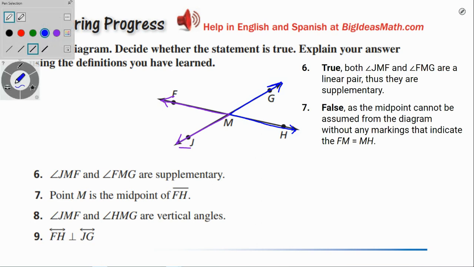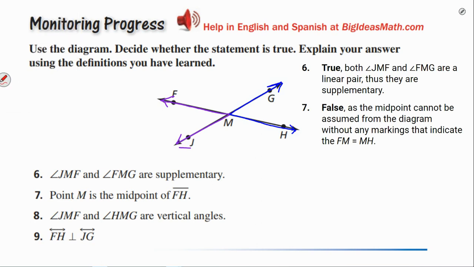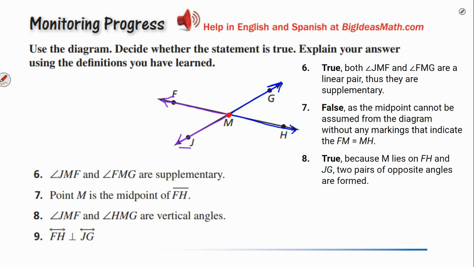So both of these end up having the same vertex right there at point M. And notice that they are on the opposite sides of two line segments being intersected there. So because they are on opposite sides, this turns out to be a true statement. So they are, in fact, opposite angles formed. And a quick note that vertical angles, so these angles right here, are in fact equal to each other. Those are in fact the same size.